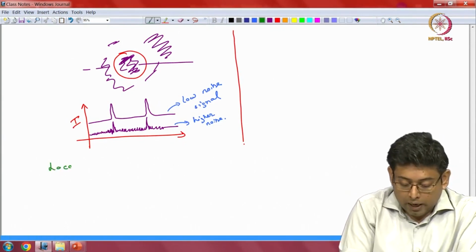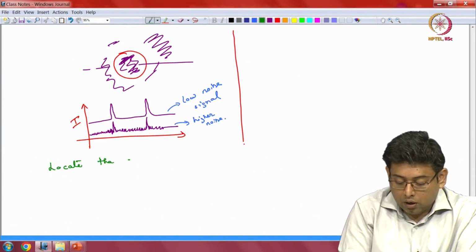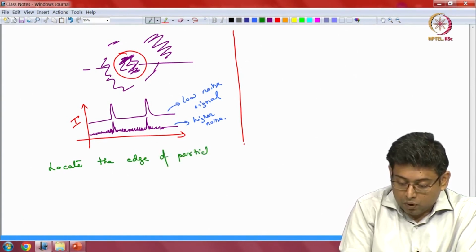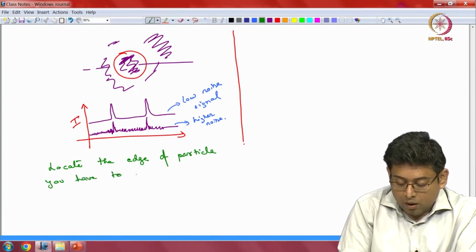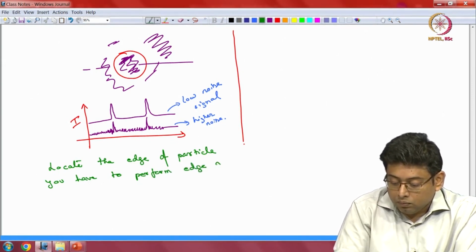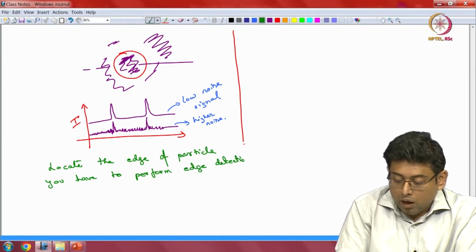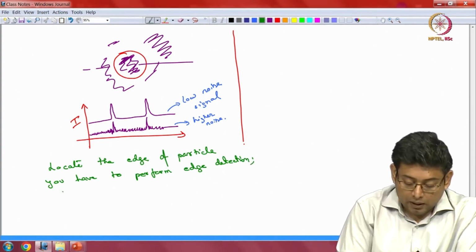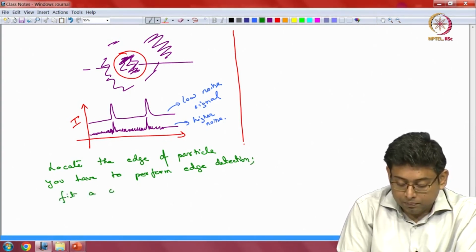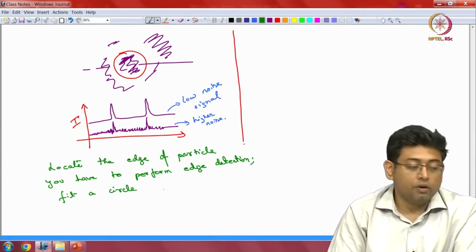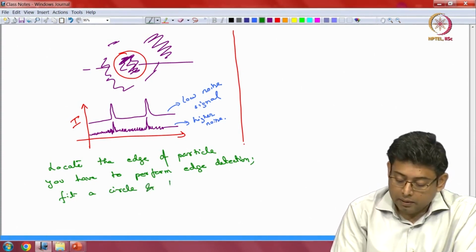So, to locate the edge of the particle, you have to perform edge detection, then perhaps fit a circle to the periphery that you have already detected, and then estimate the center.